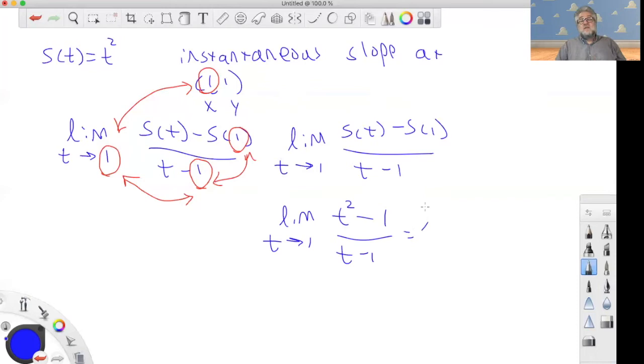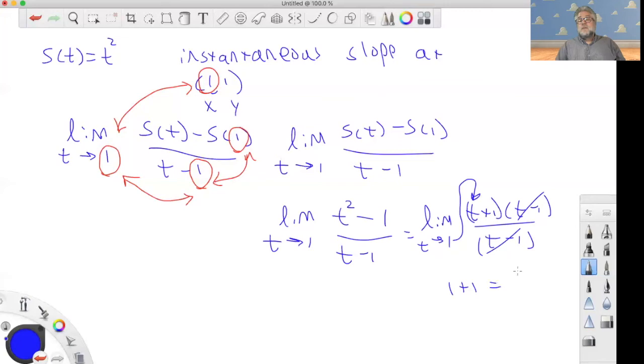And I'm going to write this, don't forget our little limit business, as t plus 1, t minus 1 over t minus 1. And these will cancel. We'll end up with t plus 1. Now I can plug the limit in. 1 plus 1. I put 1 into here. Is 2.